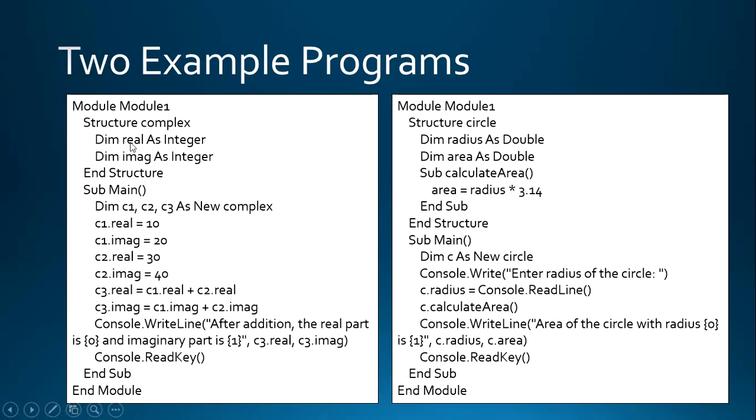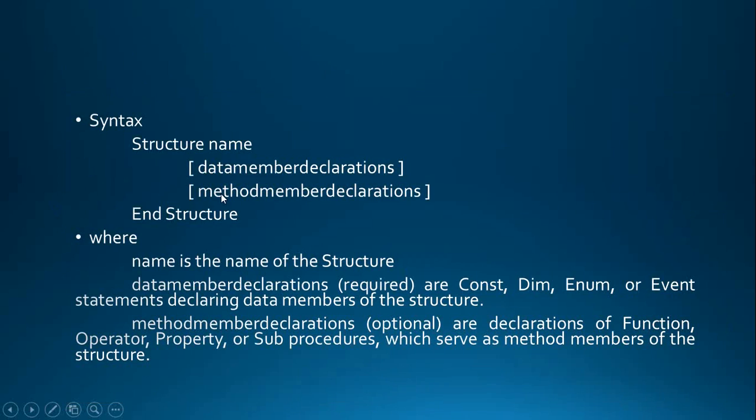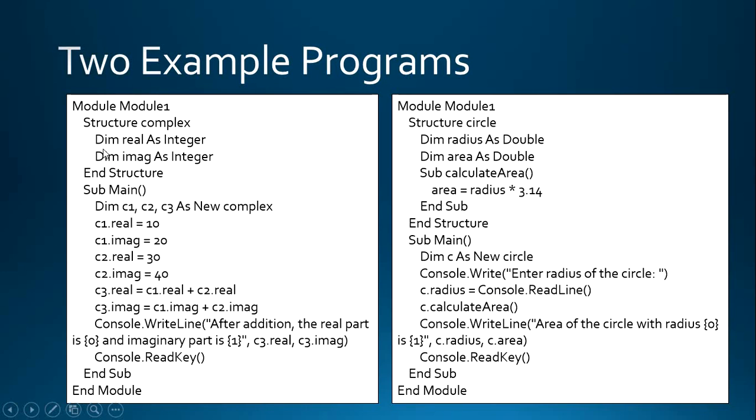You write dim real as integer, declaring the real part as integer, and declaring the second data member imaginary also as integer. And then you close the structure. For this structure there is no method, only the data members.